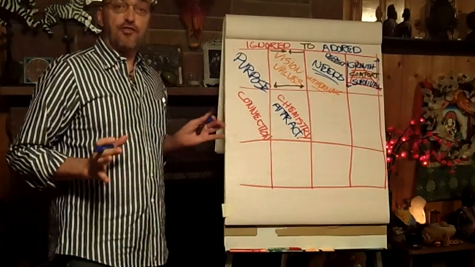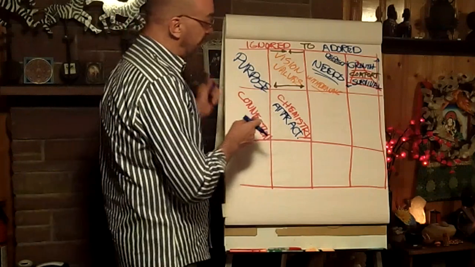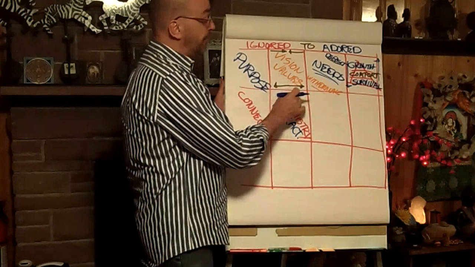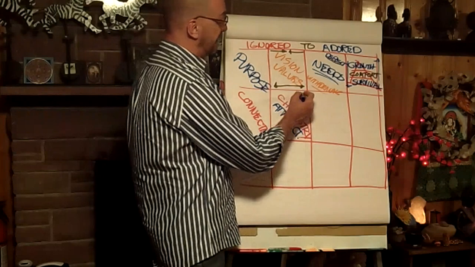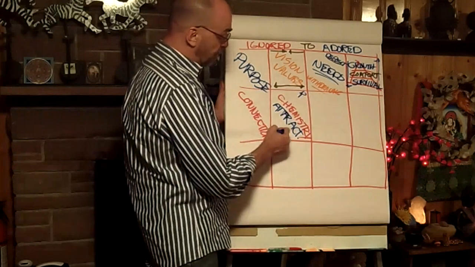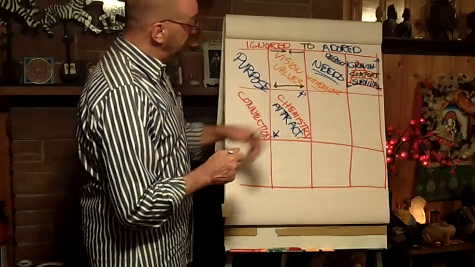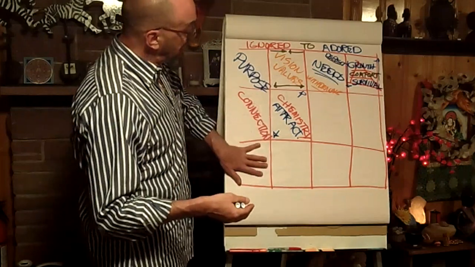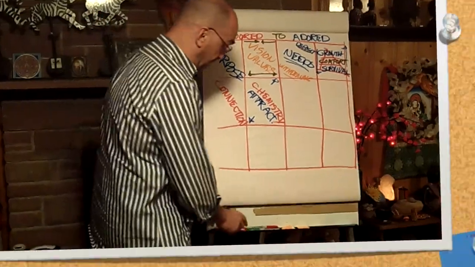Chemistry and attraction is great for getting us into a relationship, but some people stop. You've got to be constantly working on yourself, on being attractive to your mate, so you're either always adding or subtracting here. And then the chemistry goes away. We're going to talk about that. Chemistry is great for getting you in a relationship, and then this block here is what keeps you in a relationship and keeps your relationship alive.